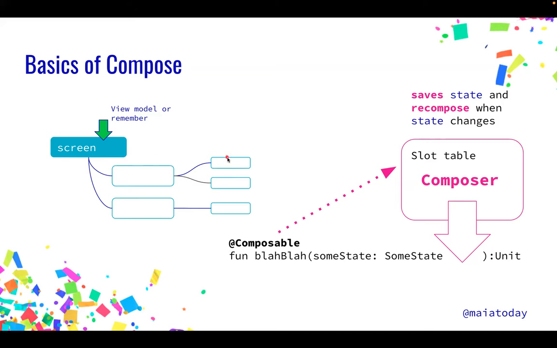So for instance, if it's a screen that has the cupcake on, if in here comes something that changes from cupcake to pretzel, the composer can see that the state has changed, and it will only recall this function and then therefore just build a little piece of the UI. So that's a little bit of it under the hood.